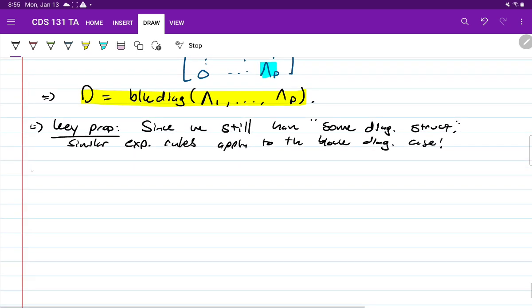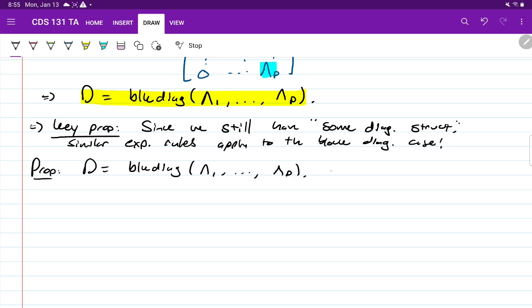In particular, what we'll find is that if D equals the block diagonal of lambda_1 through lambda_p, and we take some integer k greater than or equal to 0, then D to the k is equal to block diag of lambda_1 to the k all the way to lambda_p to the k. So exponentiating a block diagonal matrix is the same thing as just exponentiating each individual block.